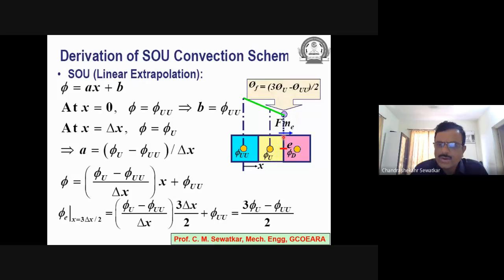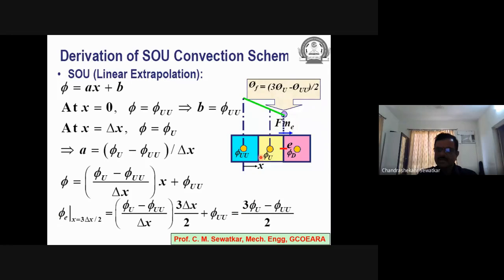So now my phi e is expressed in terms of cell center values. But this is extrapolation. I have used two upstream values to determine the value of phi e.